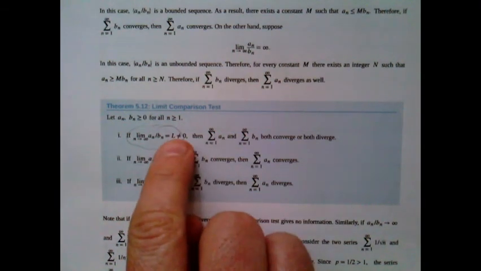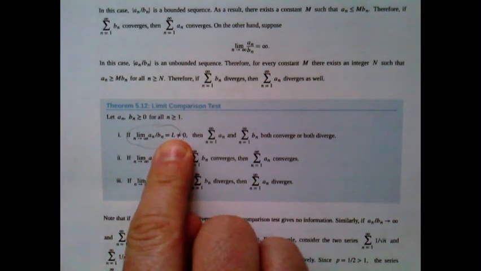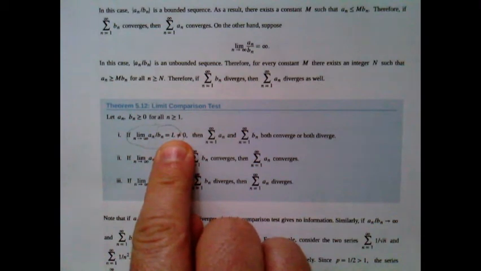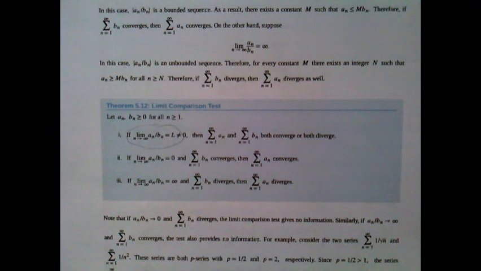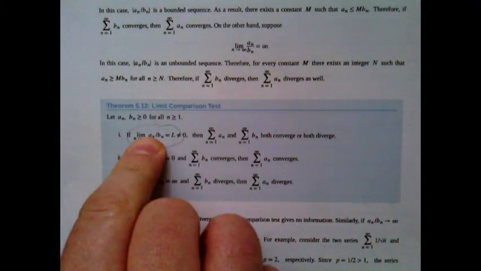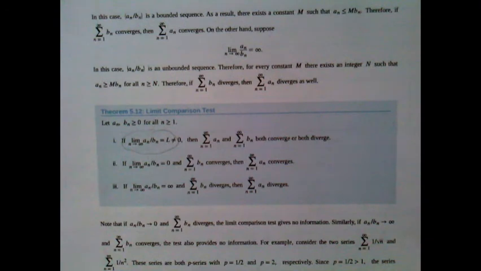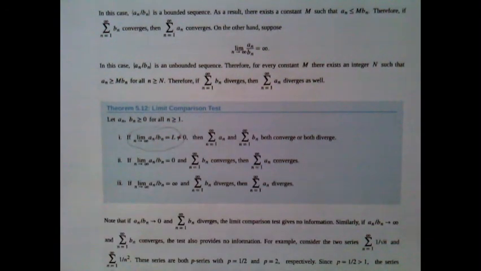And here's what we're looking for. We're looking for that limit to be a number and not 0, a non-zero number. If that limit turns out to be a non-zero number, then the 2 series that we were comparing with this limit comparison test, as opposed to the regular comparison test, either both converge or both diverge.